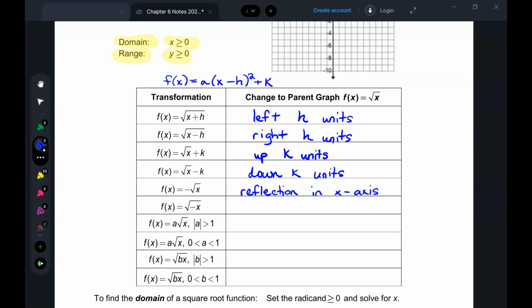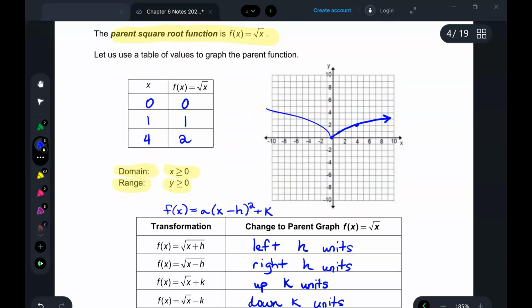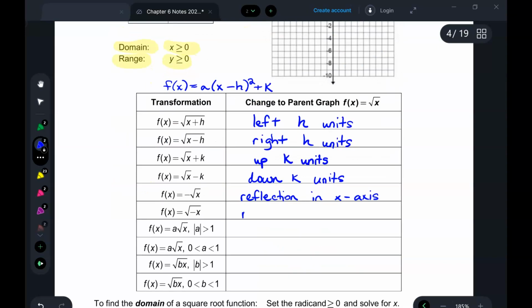This is what happens if the negative is under the radical. What do you think would happen? It's very similar to the last one, but instead of a reflection in the x-axis, it's a reflection in the y-axis, meaning it would go like this. So this will be a reflection in the y-axis.